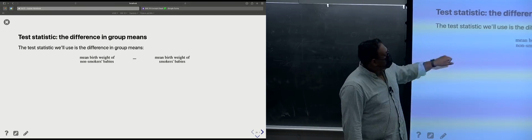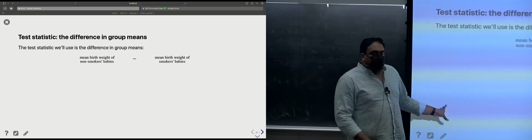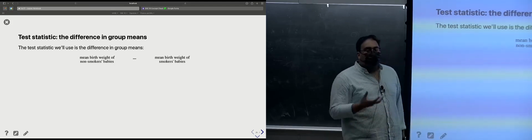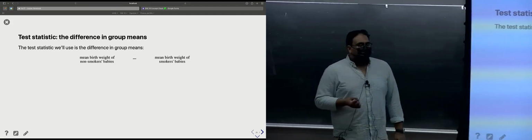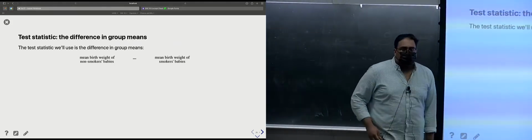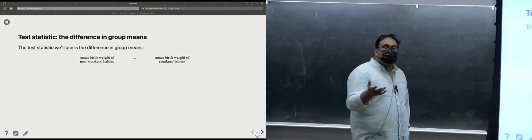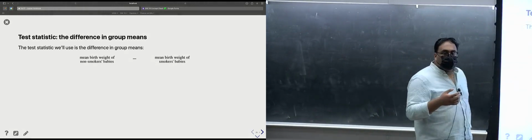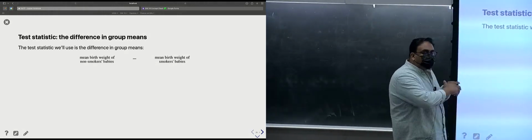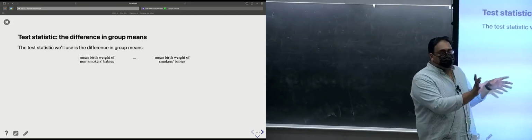Okay, so here's a question. For our observed two samples, like the two samples whose histograms we drew, should this test statistic be positive or negative? Do you think it'll be positive or negative? Yeah, positive. Why? Yeah, the non-smoking distribution, remember that was the red one, that was to the right of the smoking distribution.